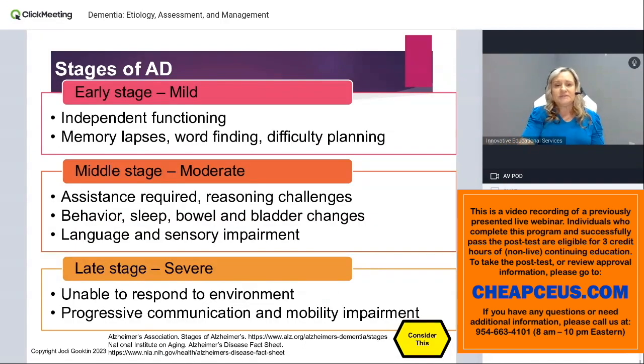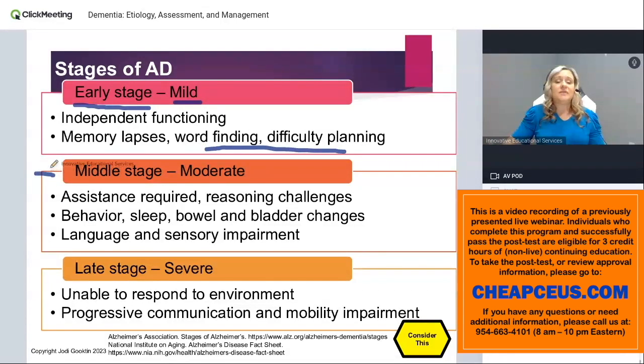If someone is progressing in their stages of Alzheimer's disease, if the progression does not slow for the individual, what we see is a specific classification. Someone who is in an early stage of Alzheimer's disease is considered with mild cognitive impairment. This is an individual whose emotions may be a little unpredictable, with difficulty planning, but they're still independent in all of their functioning.